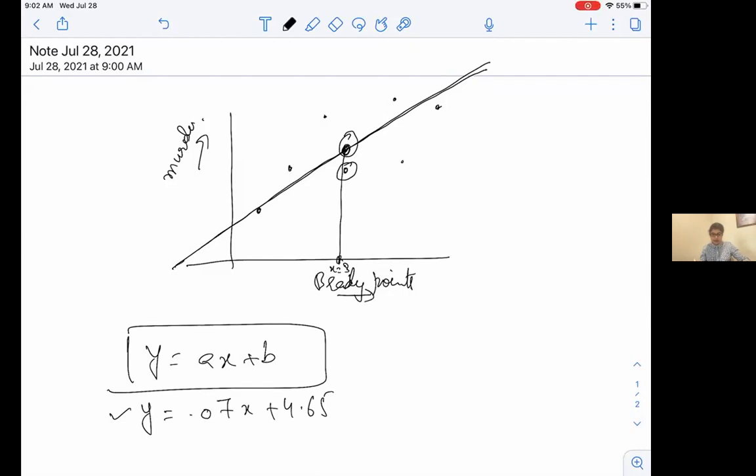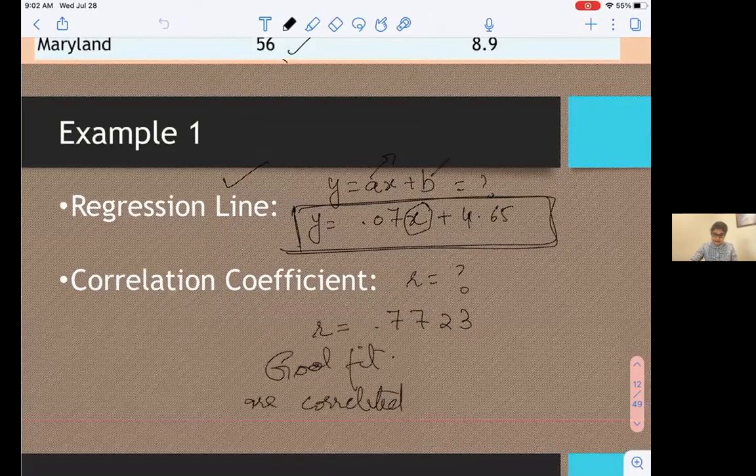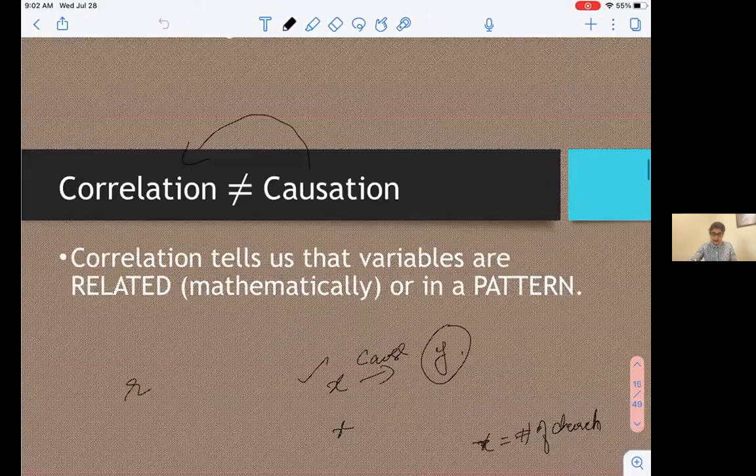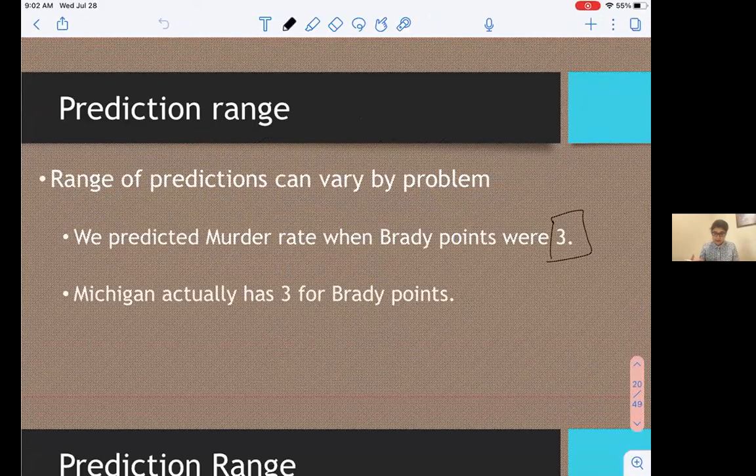So why are we saying these things? The reason is that your predictive range could be different; it can vary by your problem. There is a vertical distance between the actual point and the point on the line.